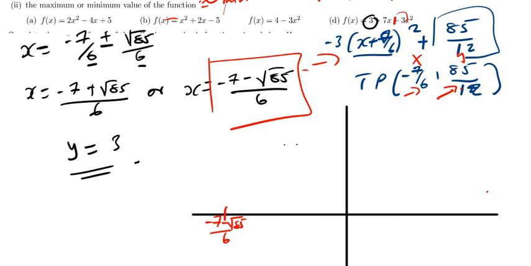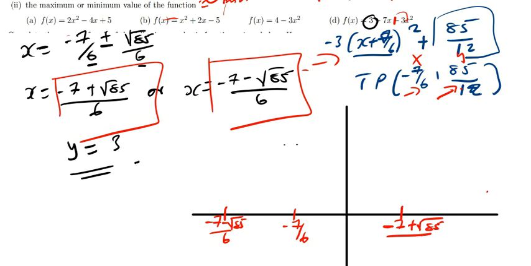So that negative 7 over 6, I'll put it here. Then this is going to give me positive if I express this. So that one is going to be negative 7 plus root of 85 divided by 6. Now the maximum, we said the minimum, right? The maximum is there. So you put it on top here, which is 85 divided by 12.